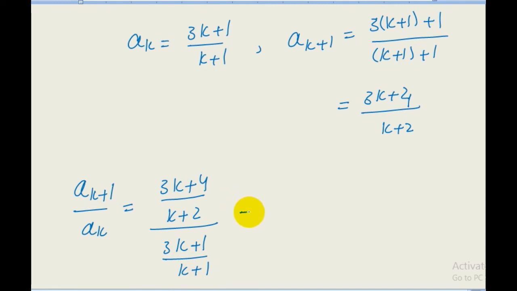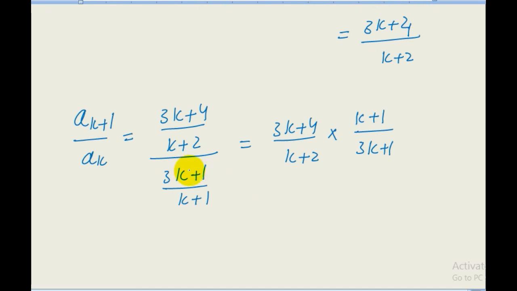Now it can be written as 3k plus 4 upon k plus 2, into k plus 1 upon 3k plus 1. Now in the denominator we have k plus 2 into 3k plus 1, and in the numerator we have 3k plus 4 into k plus 1.